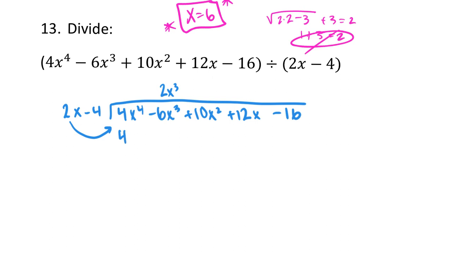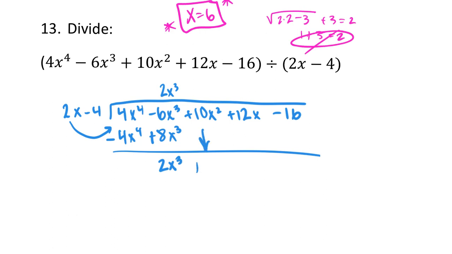So that's 4x to the 4th minus 8x cubed. Change each thing's sign. We've got 2x cubed plus 10x squared plus 12x minus 16. We're just going to keep repeating this process until we don't have anything else left.